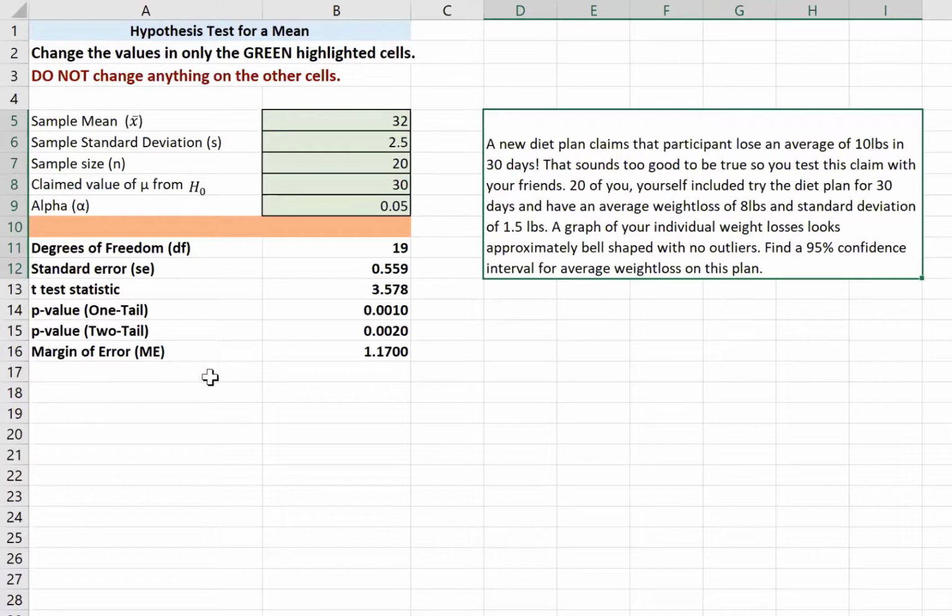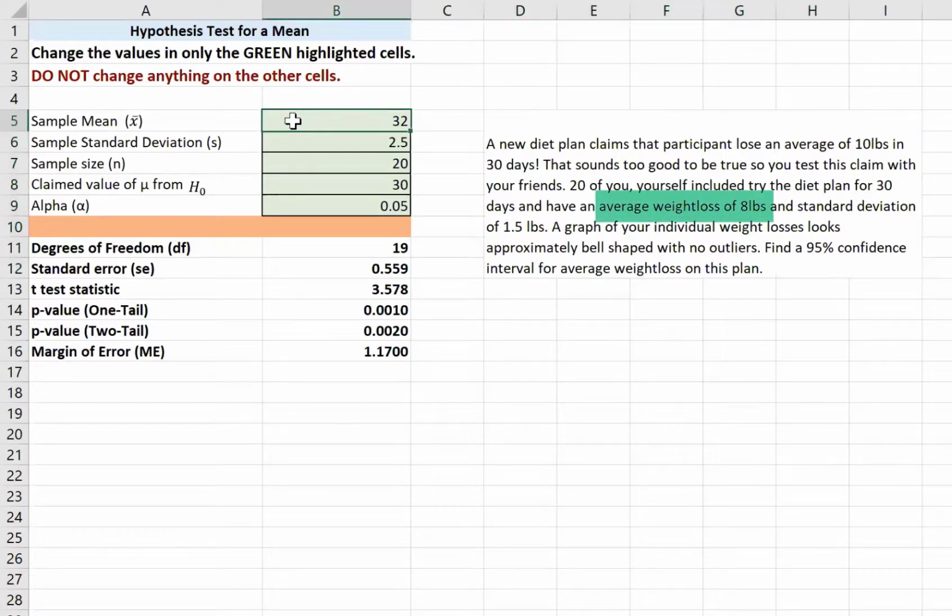Here we have the calculator developed by my colleague. In this calculator, you change values that are green, and the bold values below are your results. So our sample mean, X bar, for this example was 8 pounds.